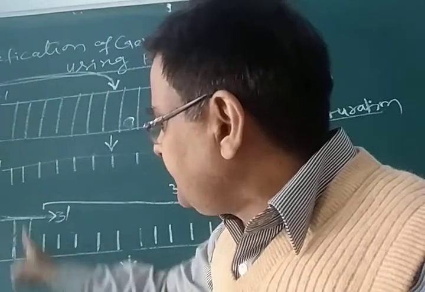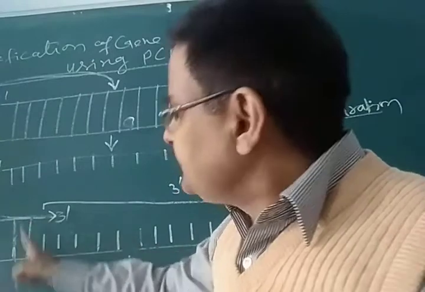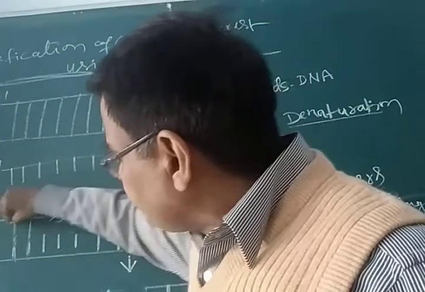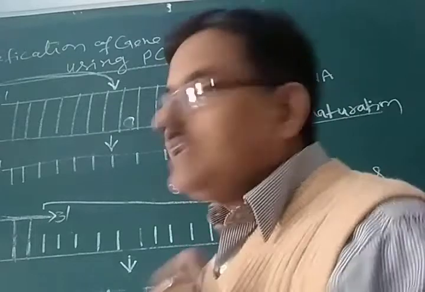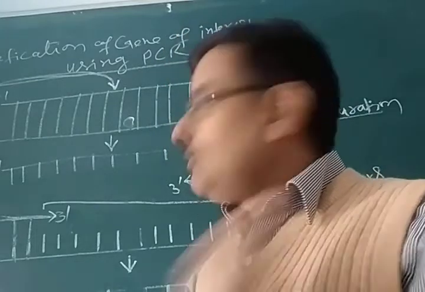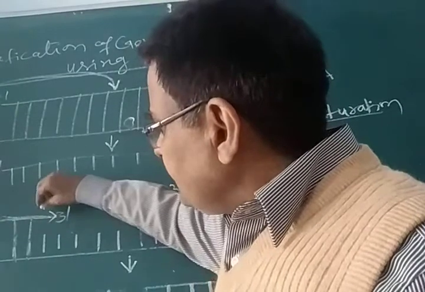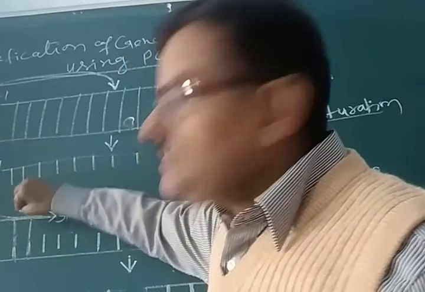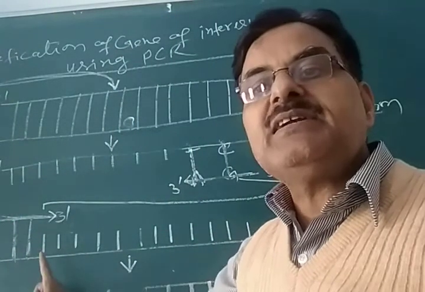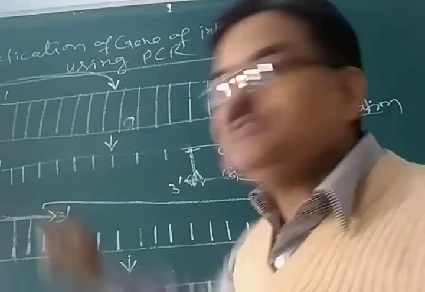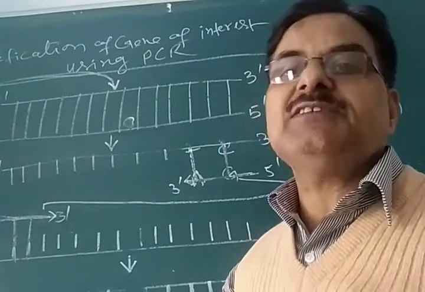If there is adenine, there will be thymine. This short single stranded segment that we call the primer has a nucleotide sequence complementary to the base sequence of the template strand, and it helps in the initiation of the replication process.